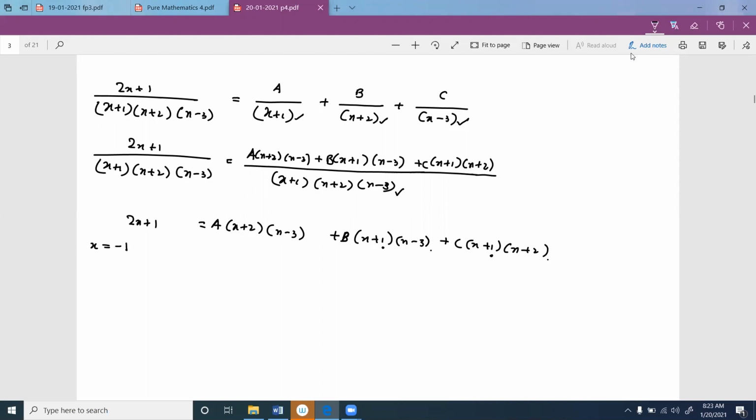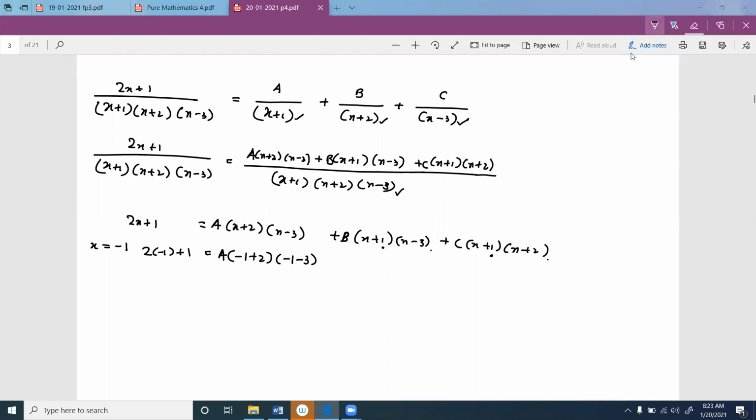So you get 2 times (minus 1 plus 1) equals a times (minus 1 plus 2)(minus 1 minus 3). Here this term becomes 0 and this term also becomes 0. Therefore, this whole term just cancels from this expression, so no need of wasting time writing that.